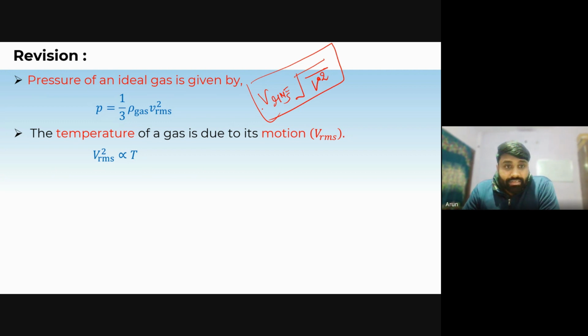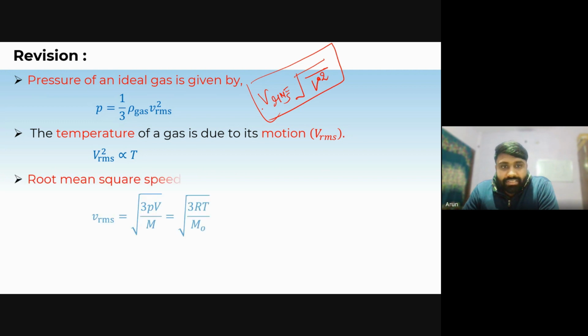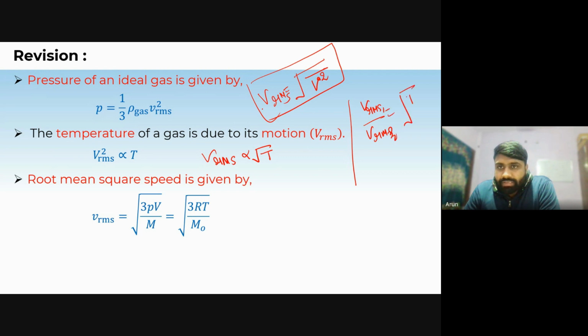So we can say that V square RMS is directly proportional to T, or simply that VRMS is directly proportional to root T. So let's say, for example, if the comparison of two gases is given to you, then you can say that VRMS of 1 divided by VRMS of 2 is equal to the square root of T1 by T2.